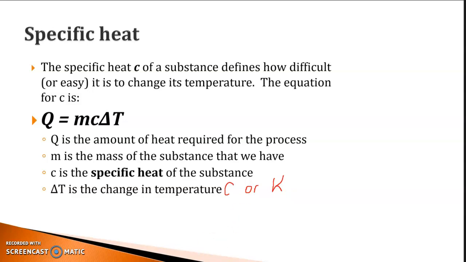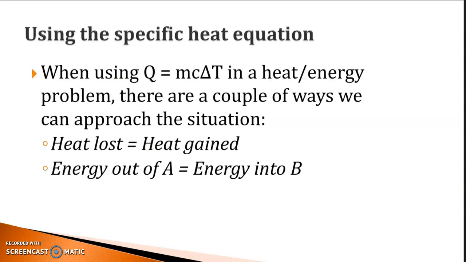Now, when we're using this equation, we want to think about, when we're solving a problem, how to analyze it. So one way you can think of it is heat lost equals heat gained. Another way is energy out of system A equals energy out of system B. So depending on your situation, you might consider a number of different ways to analyze this.